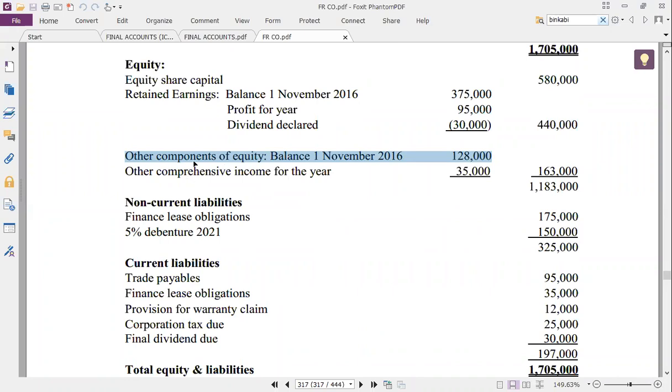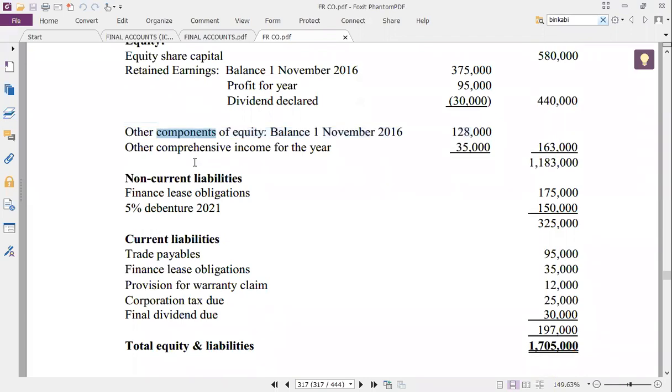They told us, so I will reverse it from that figure, other component of equity. If they had not told me anything, I would reverse it in OCI.